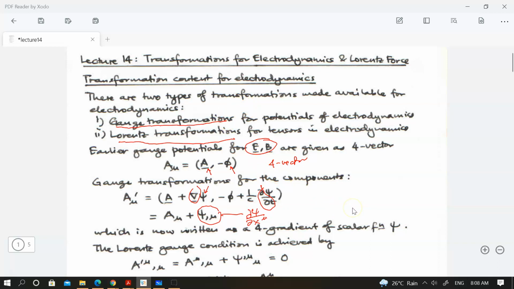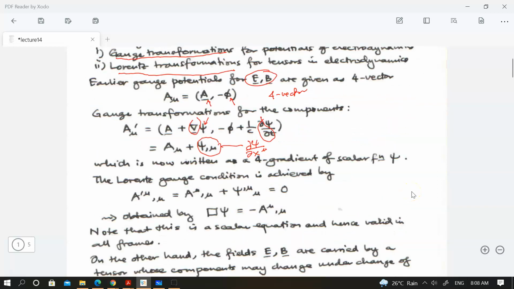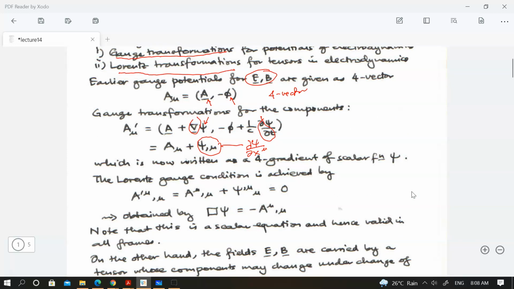And then one of the things that we did was to see how well the gauge fits into the Maxwell equations. There are two Maxwell equations that we're looking at: the source-free and the source equations. One of the conditions that we need to impose to simplify the equations further is the Lorentz gauge condition.